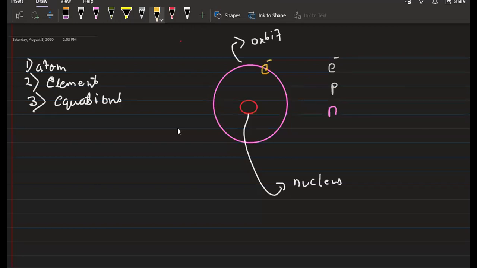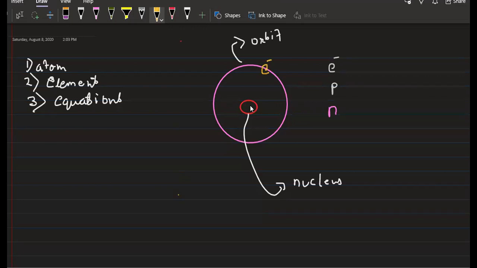So we started with this 5th chapter, but before that, I'm just giving a brief introduction about chemistry. What is chemistry? If you think about an atom, you can just imagine a solar system.